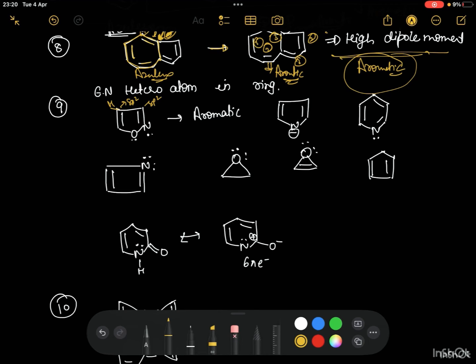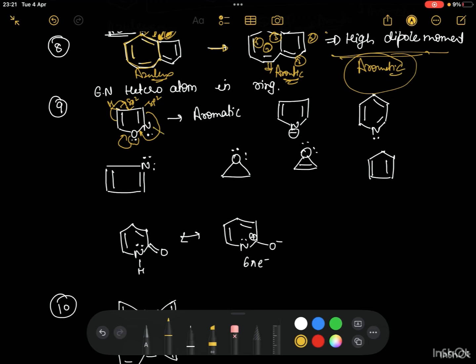Now first you see the delocalization: which electrons, which pi bonds and which lone pairs are going into delocalization. This lone pair will move this side and this bond moves this side and this bond moves this side. So these two bonds and this one lone pair of oxygen are going into delocalization, not that one.